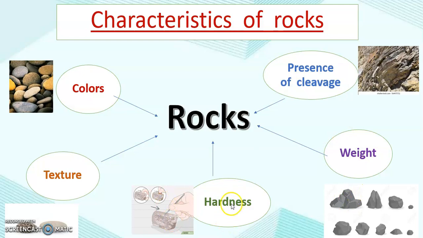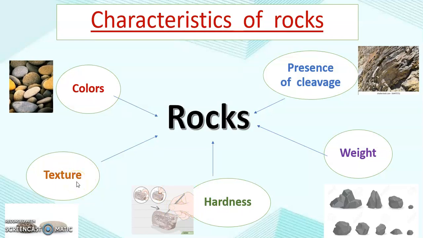Number 4, hardness. Hardness is the difference in how easy it is to scratch. Some rocks are hard, some are soft, and some are very soft. And number 5 is texture.